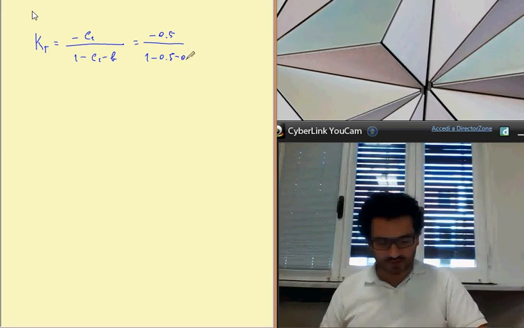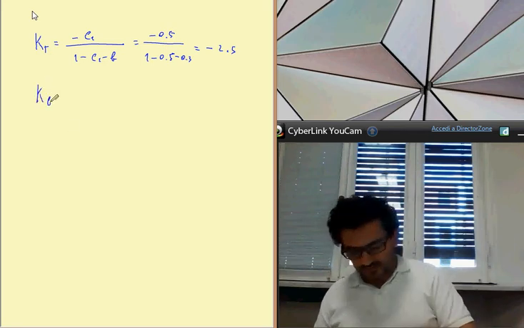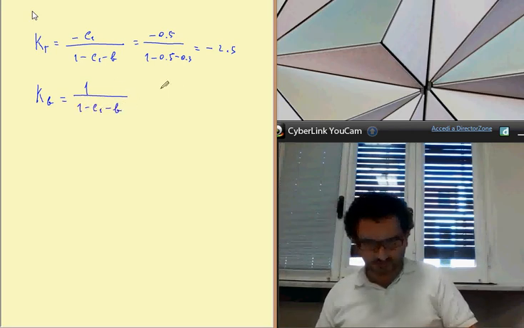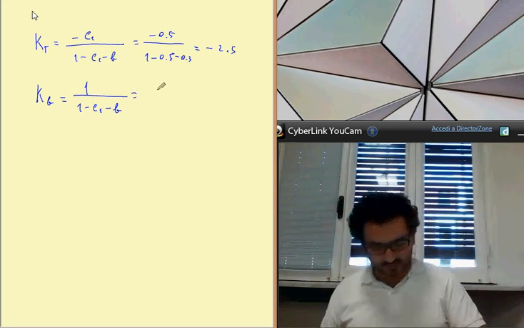The result is minus 2.5. The government expenditure multiplier is equal to 1 divided by 1 minus the propensity to consume minus B, which is the sensitivity of investment to income. So we have 1 divided by 1 minus 0.5 minus 0.3, which is equal to 5.